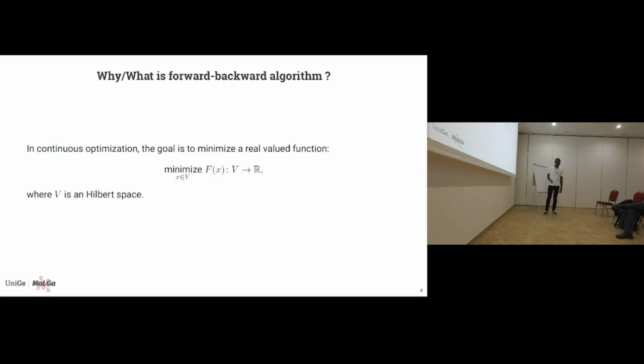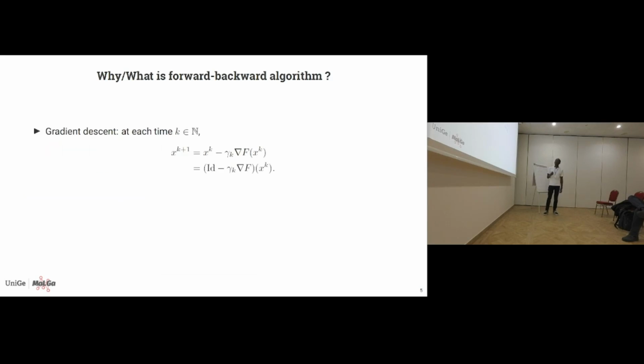Generally, in continuous optimization, we try to minimize a function, right? And we place ourselves in a Hilbert space. So the function is at least continuous, and in the best case, differentiable. When it's differentiable, the easiest way to optimize is certainly the gradient descent.